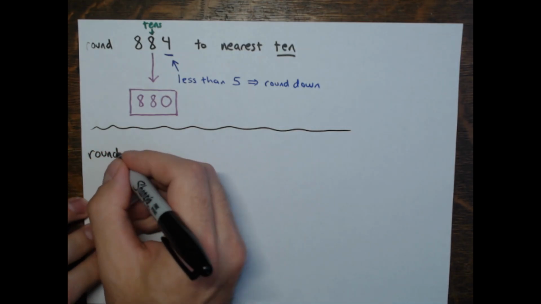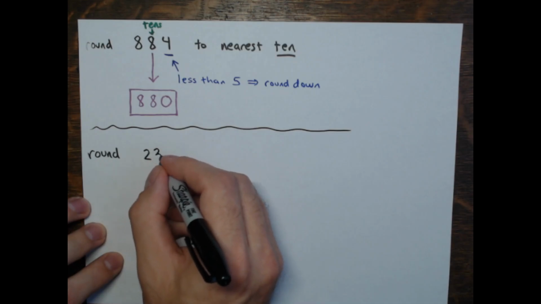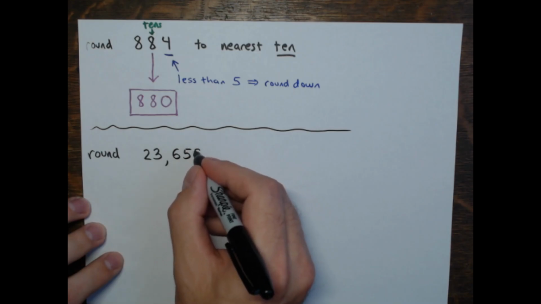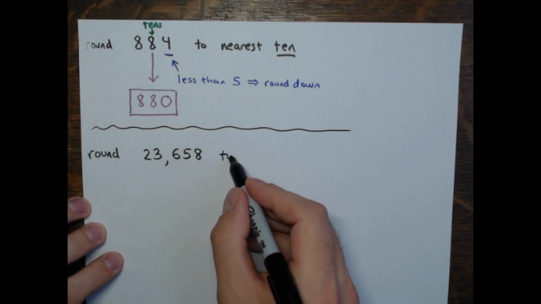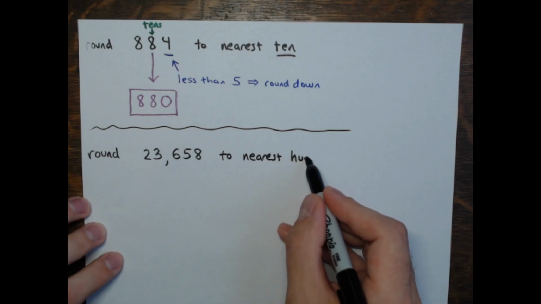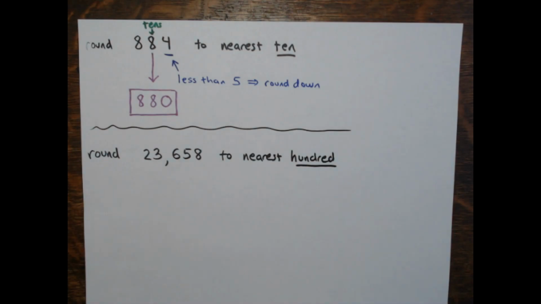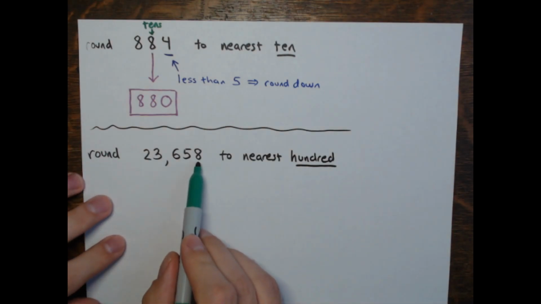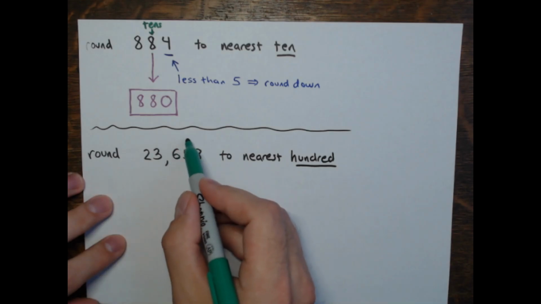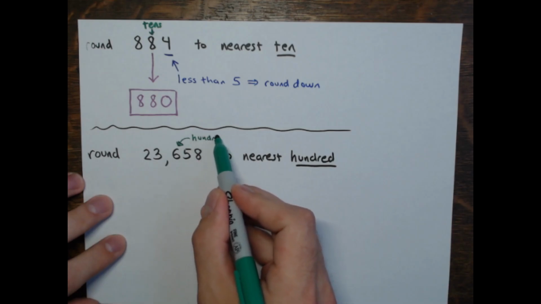So now I'm asked to round this number. All right, part A is 23,658, but round to the nearest hundred this time. So remember the places. The 8 on the right is in the ones, the 5 is in the tens, and this 6 is in the hundreds place.